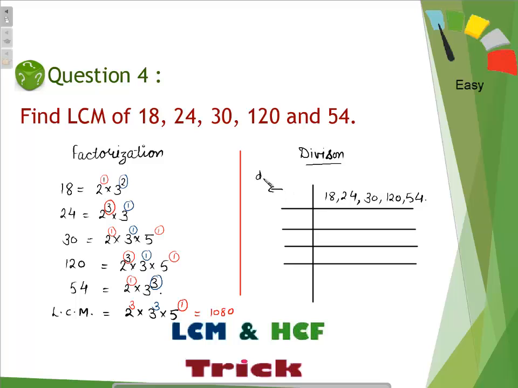Here we will write a divisor which is dividing many of these numbers. As you can see here, 6 we can take, you could take 2 as well as 3. We will write quotients here.